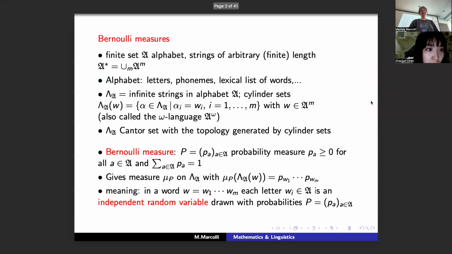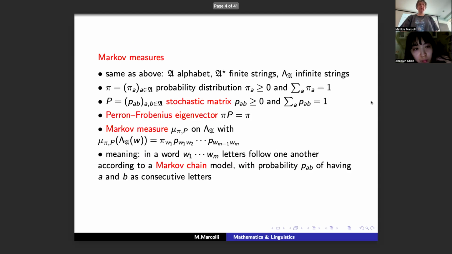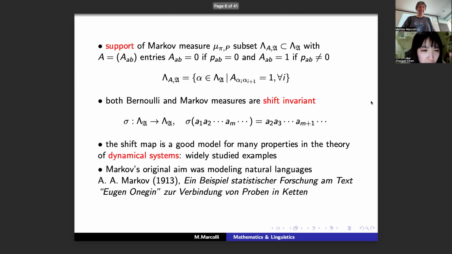So I was just discussing briefly this fact that one can incorporate some probability data on linguistic structures, in particular on parsing or on strings and on parse trees. And so I was quickly going through what happens if you do some naive things like Bernoulli measures or Markov measures on strings of words.